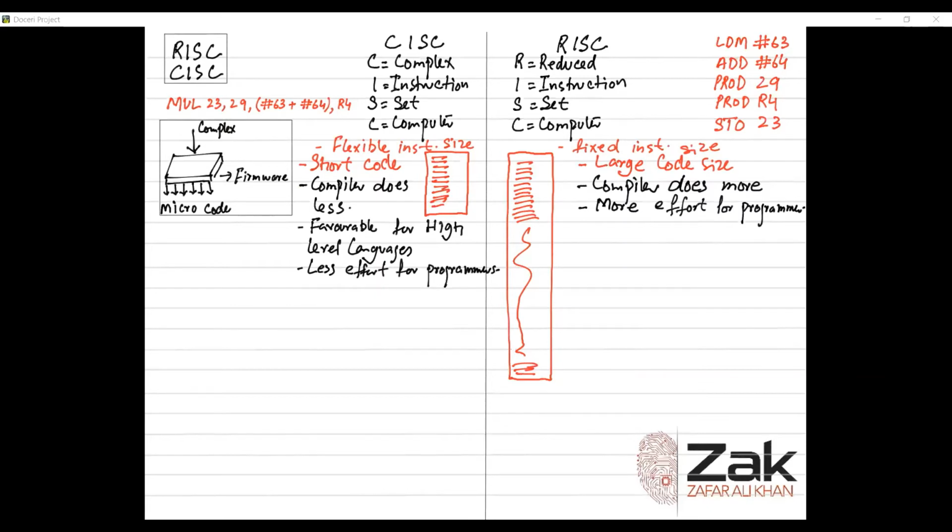Now, I have put 4 points on each side. Number one, flexible instruction size. You need to remember from AS that there is a bit size which we call word size. There is a fixed bit size system, that is 32 bits, that is 64 bits.